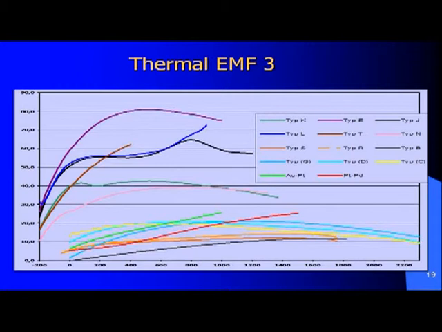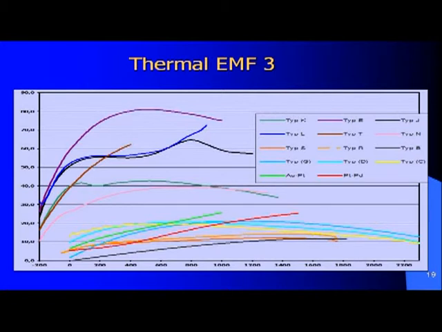And you see that the relationship between temperature and EMF is highly nonlinear. Yes? So the lowest 3 lines are the noble metal thermocouples, S, R, and B.